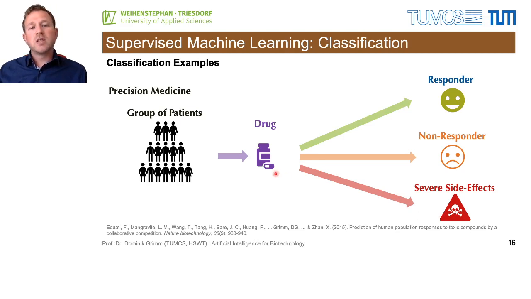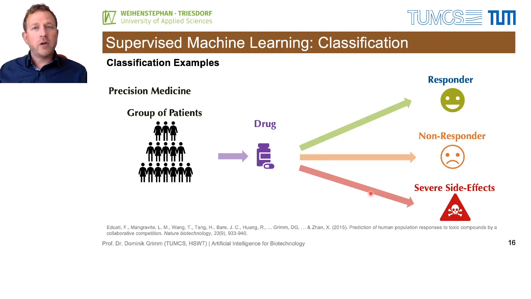Before we prescribe a certain drug to a certain patient, we would like to know, can we classify this patient as a responder for this drug, as a non-responder, or will this patient have severe side effects? That's called precision medicine or personalized medicine, and there's a lot of research going on. Also, our group contributed to a Nature Biotechnology paper where we tried to predict human population responses to toxic compounds.